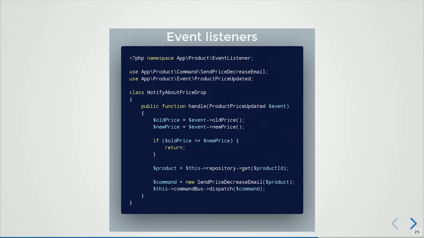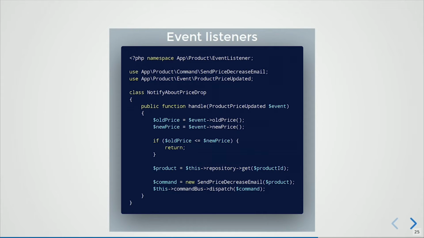The event listener notify about price drop will receive that event and decide on its own, is it interested in that event or not? Maybe the old price is smaller than the new price, so it means there's a price increase. I don't care. I go home early. But if there's a price decrease, okay, get the information about a product, send out an email, or do whatever you want.